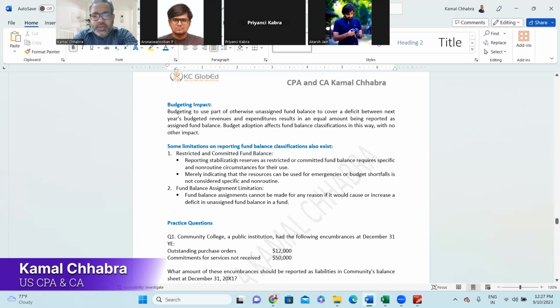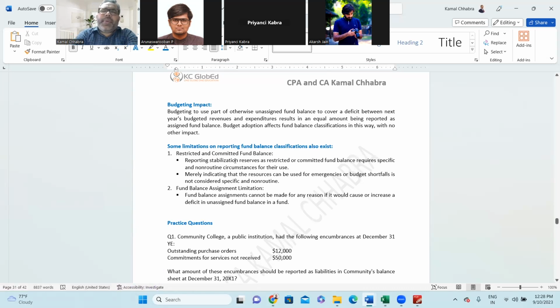So budget adoption affects the fund balance classification with no other impact. So budget will have no impact on the overall financial statement. It is just an allocation of the respective fund for the respective purposes.